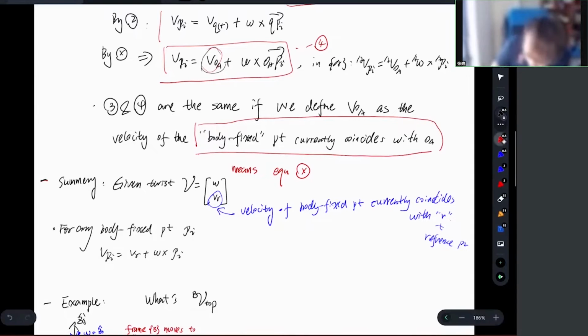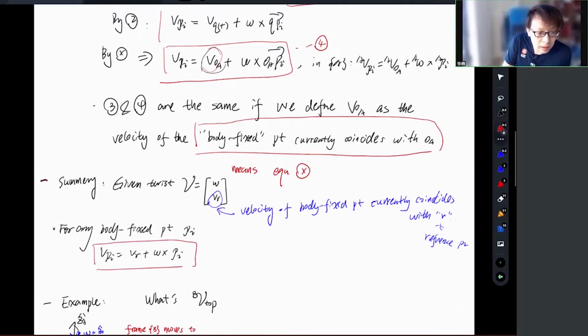That's the formula. If I gave these two things, omega and VR, with a special definition of this VR, not the usual way, then I can write down all the body fixed point velocity in this way.